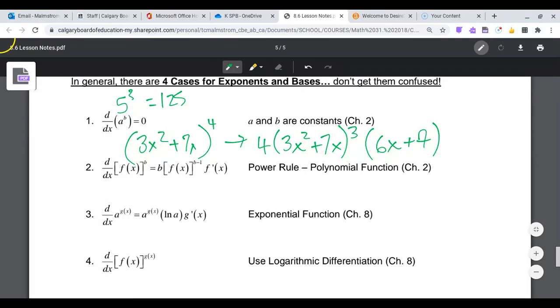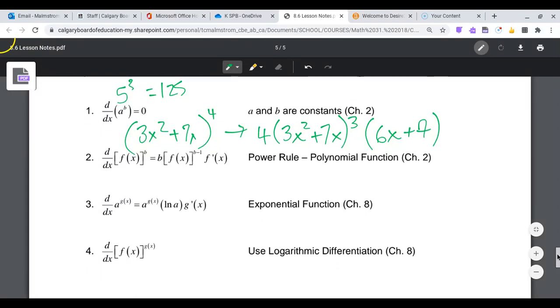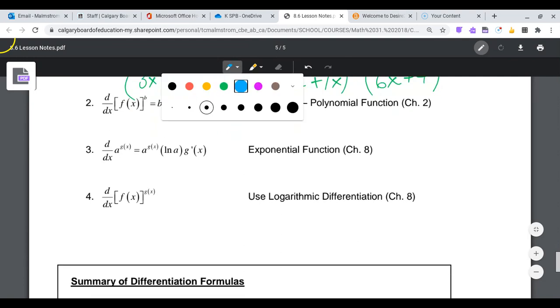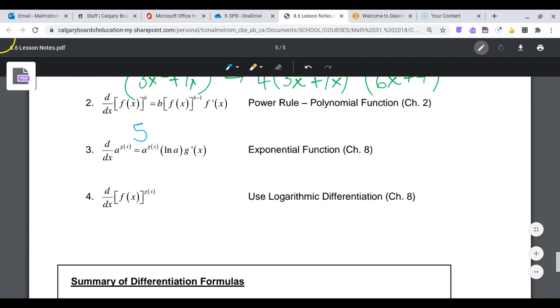And then in chapter 8, in 8.2, we learned if we have something like 5 raised to the power of 2x, then the derivative of that is actually 5 to the power of 2x ln 5, and then the derivative of the exponent, which was 2. We also had the unique case of e, right? e to the x's derivative is just e to the x.